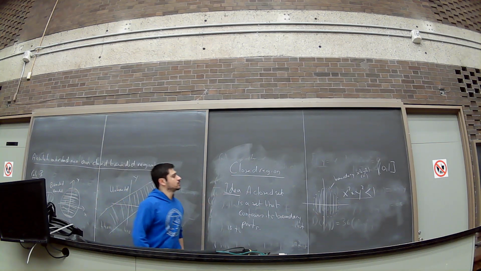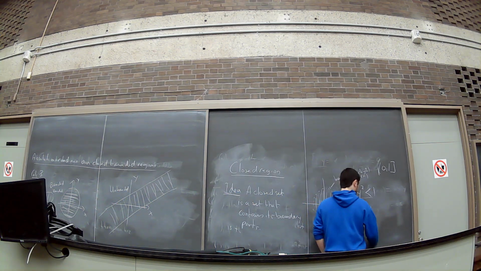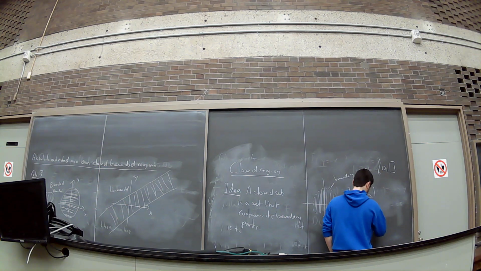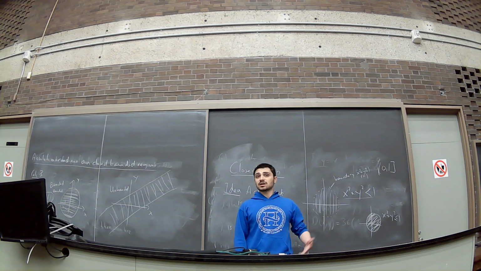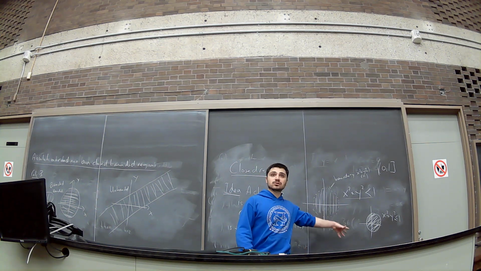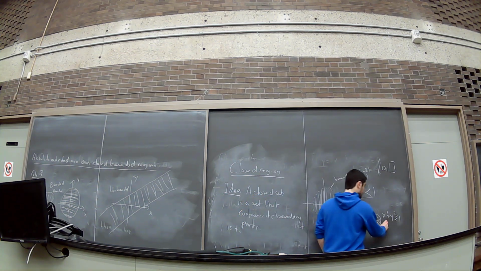Now if I include the circle in my set, so really my set is x squared plus y squared less than or equal to 1. Is it a closed set or not? Is it closed? Yes. Does it contain its boundary? Yes. It's closed. Very good.